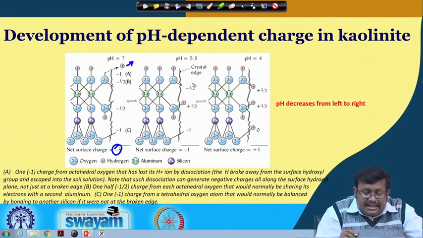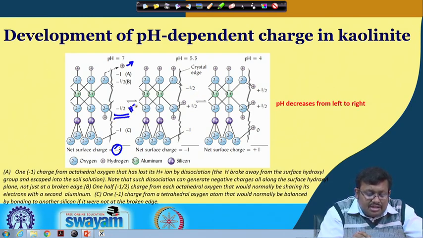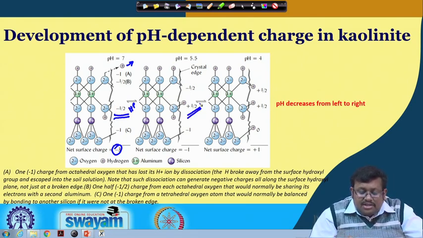At the crystal edges, one proton will attach to this -half to create positive half. So, here we are getting net negative charge -1, and ultimately we are also getting net surface charge of +1.